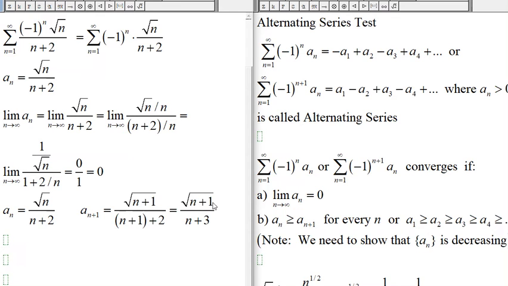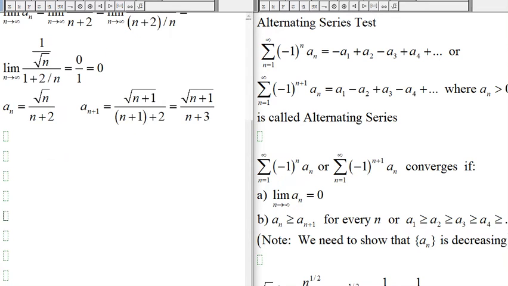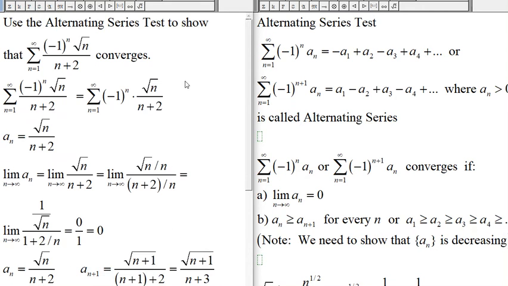And so one way to get around this is if we form the corresponding continuous function, the square root of x divided by x plus 2, and then for the series that starts at 1 to infinity.